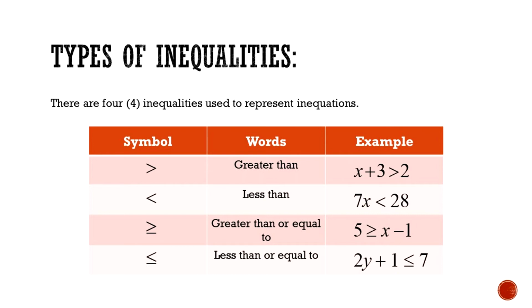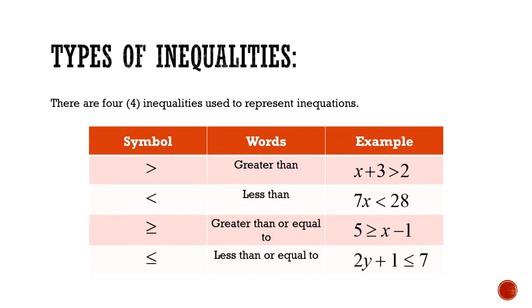And our example reads, 5 is greater than or equal to x minus 1. Our open end once again points to our larger quantity, which is 5. And we have a little dash beneath that greater than sign, which simply represents the equal to part of the symbol. So we have the greater than or equal to symbol.